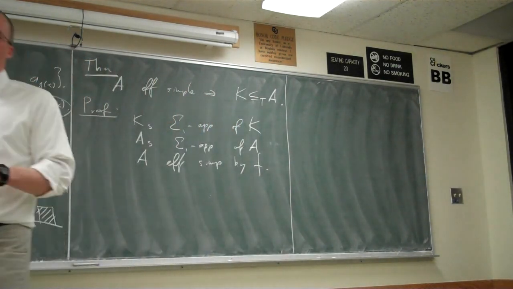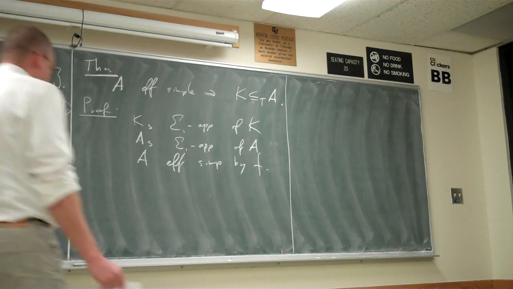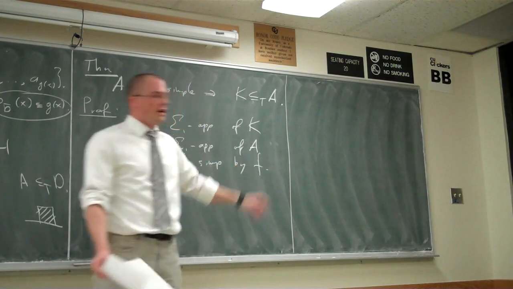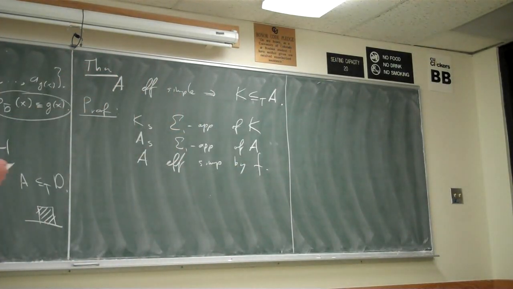Right? Effectively simple meant that if the eth CE set is greater than f of e, it has non-empty intersection with A. So this f function gives an upper bound on the CE sets in the complement.